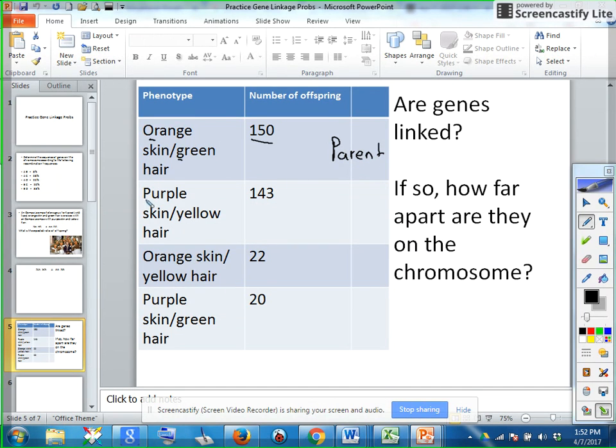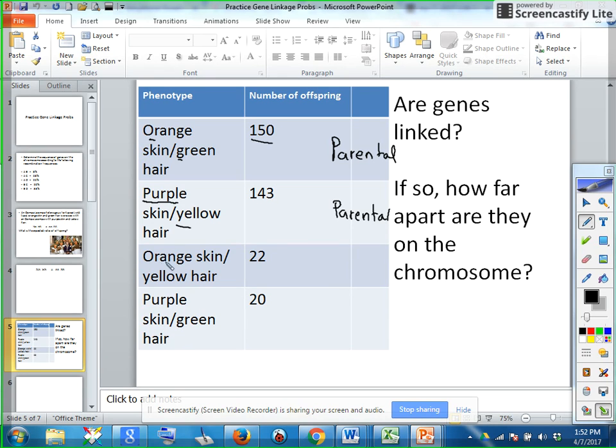And we got 143 that showed purple skin and yellow hair, just like the other parent. But then we have 22 that turned up with orange skin and yellow hair, and 20 that turned up with purple skin and the dominant green hair.